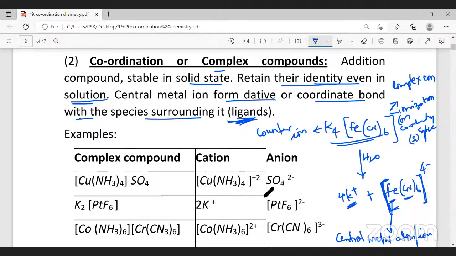Now, how do we define a coordination compound? A coordination compound is an addition compound.